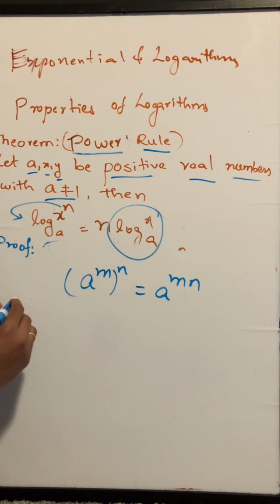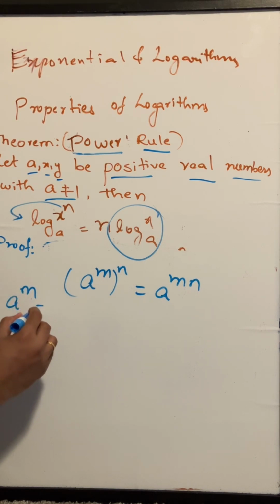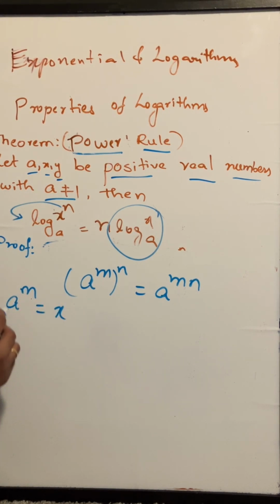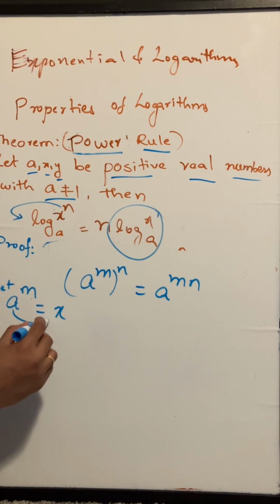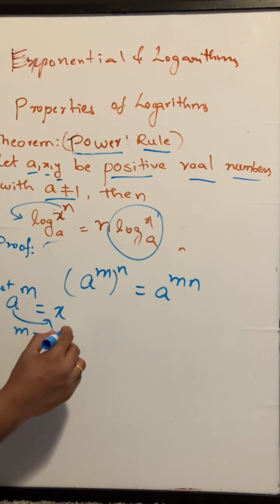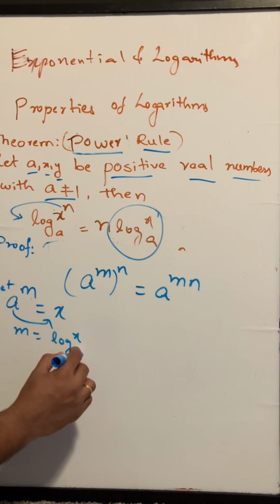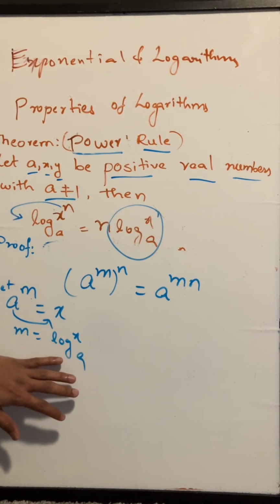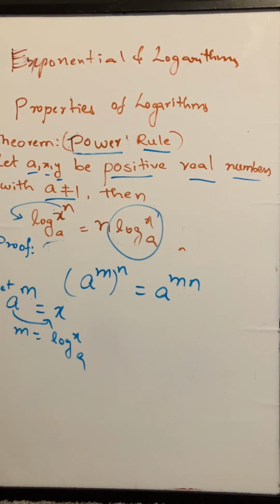As usual, we take a to the power of m equal to x. Then m equals, if a goes to the other side, m comes down. This is a simple way to understand. It becomes log x base a, right?